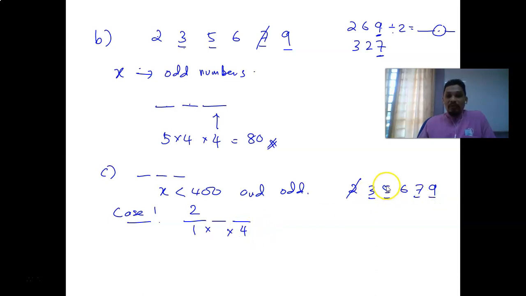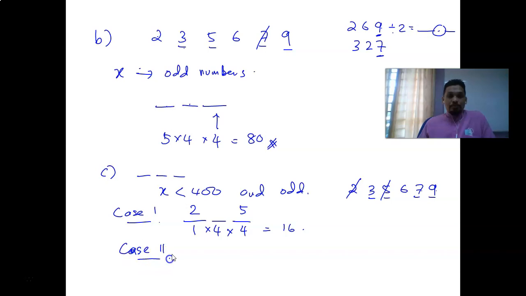If I choose 5, for example, how many numbers are left for the second place? 1, 2, 3, 4. So 1 times 4 times 4 equals 16.